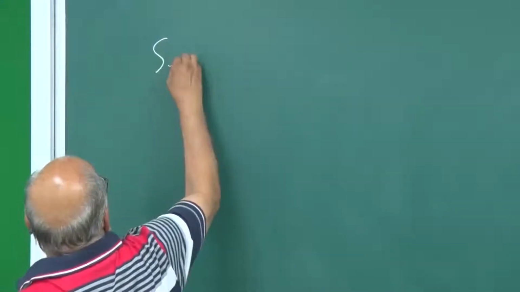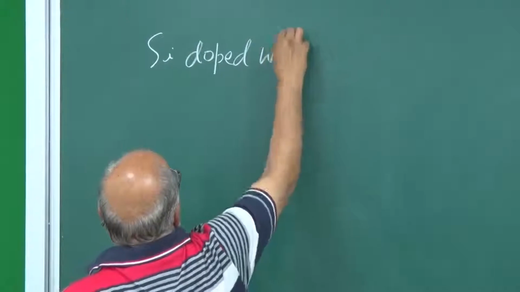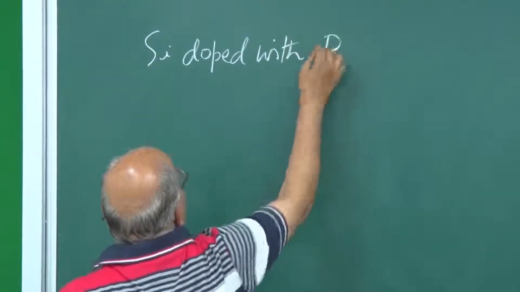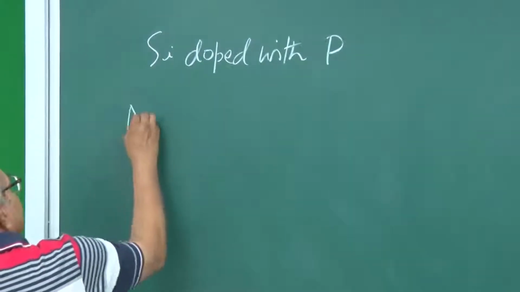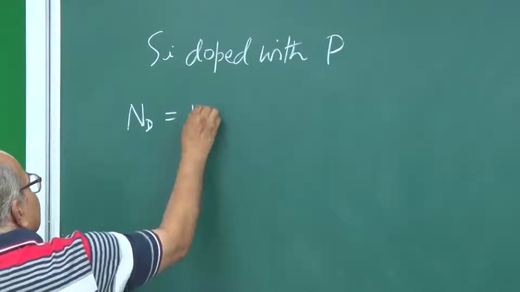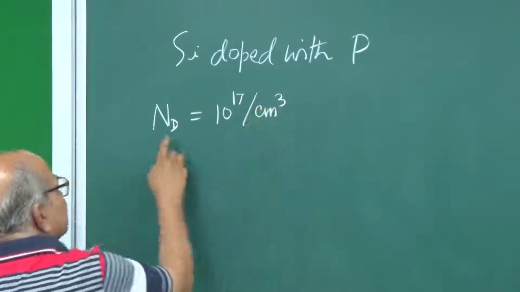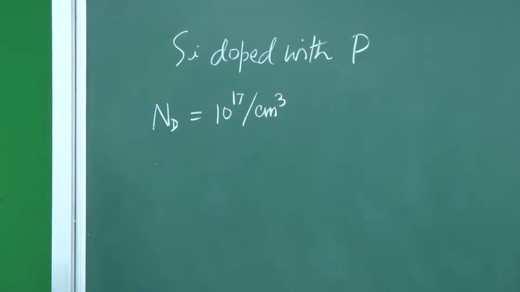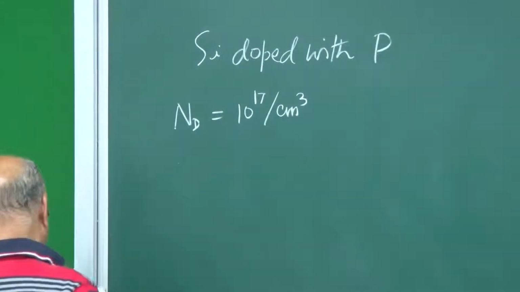Silicon doped with phosphorus, and the data given are Nd. What is Nd? 10 power 17 per centimeter cube. This is the number of donor ions per centimeter cube, the concentration of donor ions.